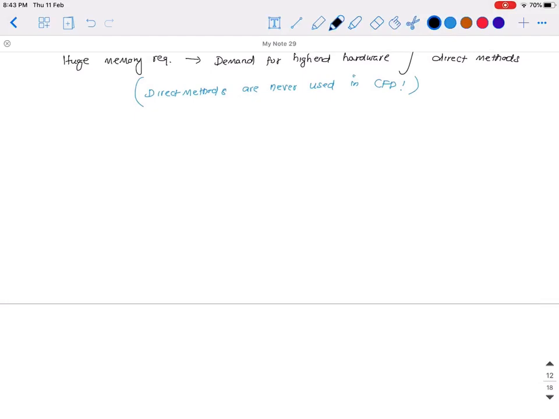Although in general direct methods are never used in CFD, there is a special method called the Thomas algorithm. This is one specific method that is commonly used in CFD. It is nothing but Gauss elimination applied to a tri-diagonal matrix.